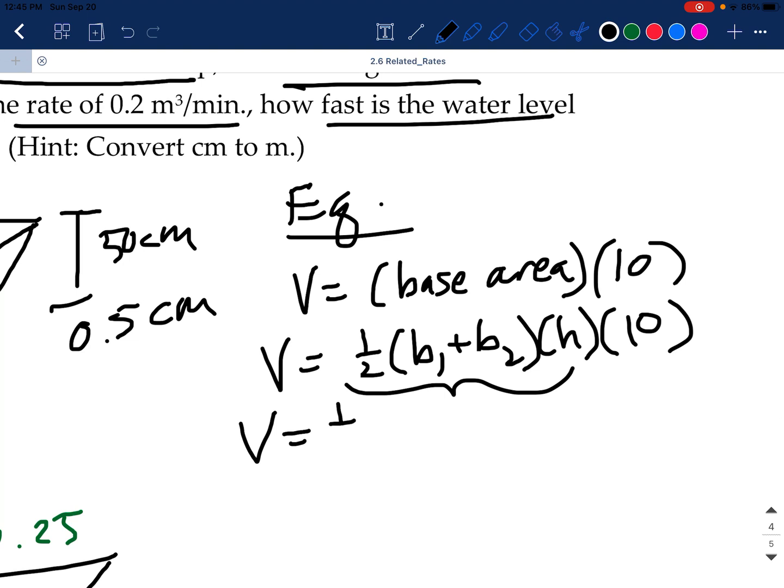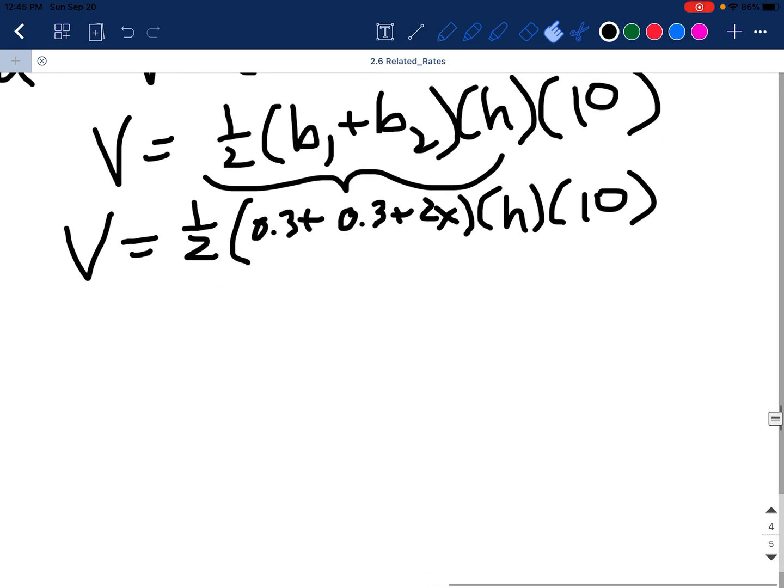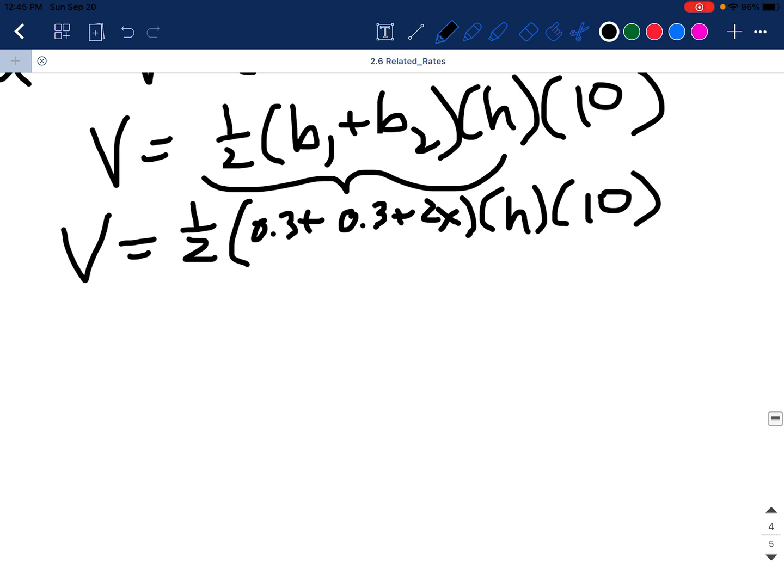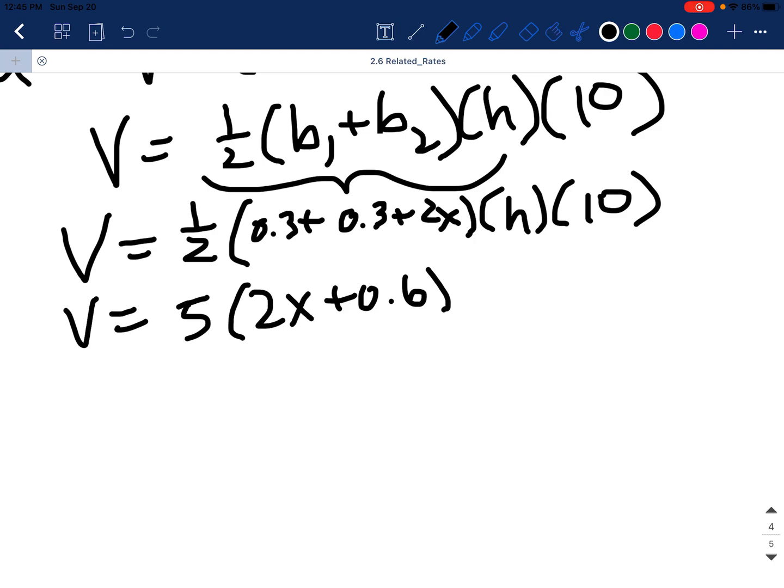We're going to get 1/2, and then we'll have 0.3 plus 0.3 plus 2x times the height times 10. So now we have it in terms of h and x, our measurements. But we want it to be in terms of one variable, so I'm going to multiply the 1/2 and the 10, so that'll be 5. And then we'll have 2x plus 0.6 times h.